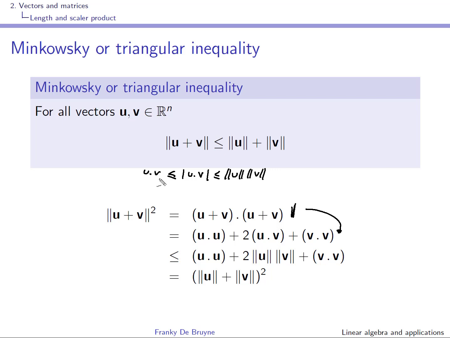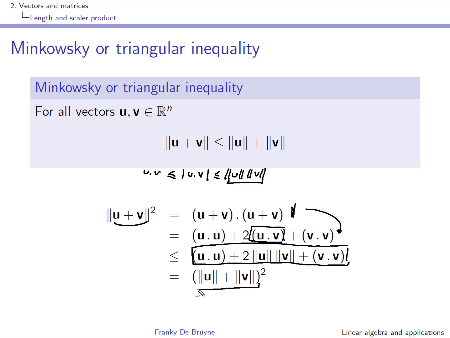Okay, so what we'll do is replace this quantity over here by something that is larger. Okay, so you end up with this thing here being larger or equal than this thing here. Okay, and this you can rewrite like this thing here.